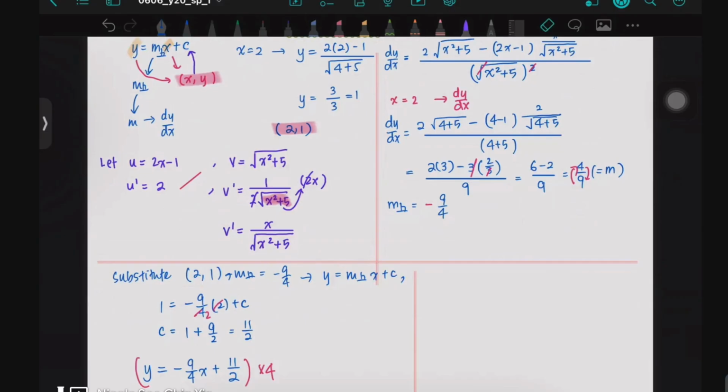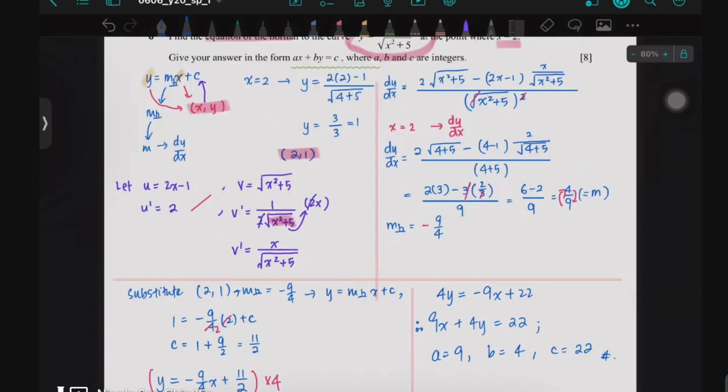So from here, I will get 4y equals negative 9x plus 22. So in other words, I get 9x plus 4y equals 22. Okay, this is the final answer, where a equals 9, b equals 4, c equals 22.